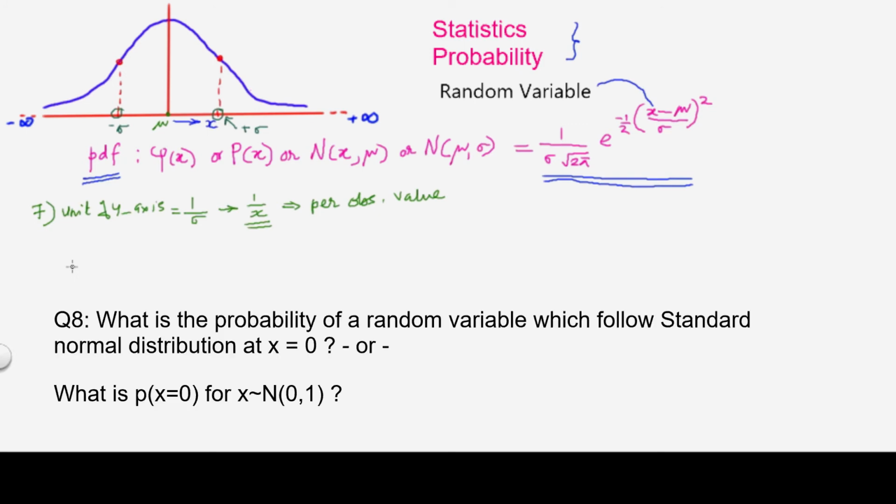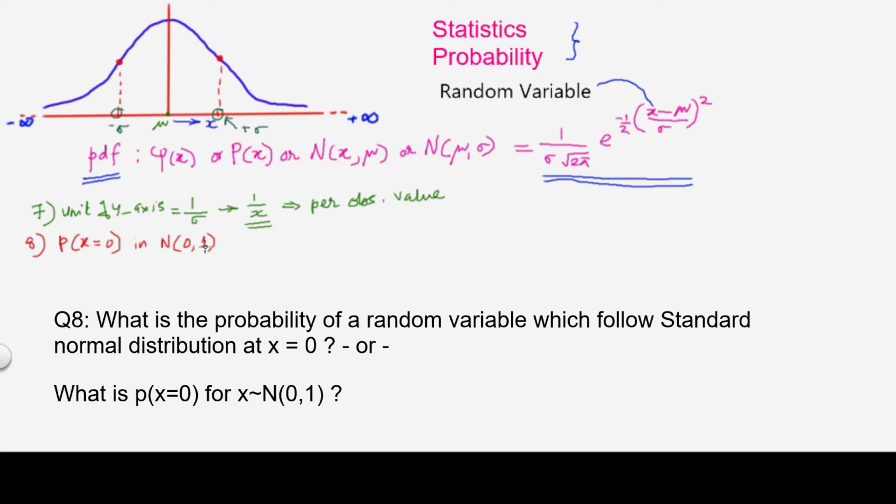Now the 8th question: what is p of x equal to 0 for a standard normally distributed random variable? Number 8 is, what is the probability of x equal to 0 in N(0,1), that is, a standard normal?